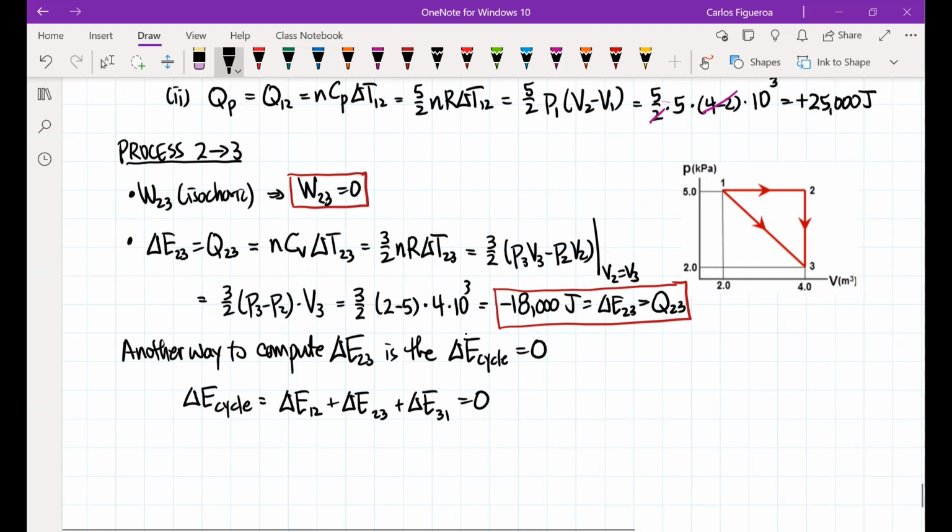So now we want to solve for 2, 3. If I solve for 2, 3, this should be the same as the change in internal energy from 1 to 2 minus the change in internal energy from 3 to 1.